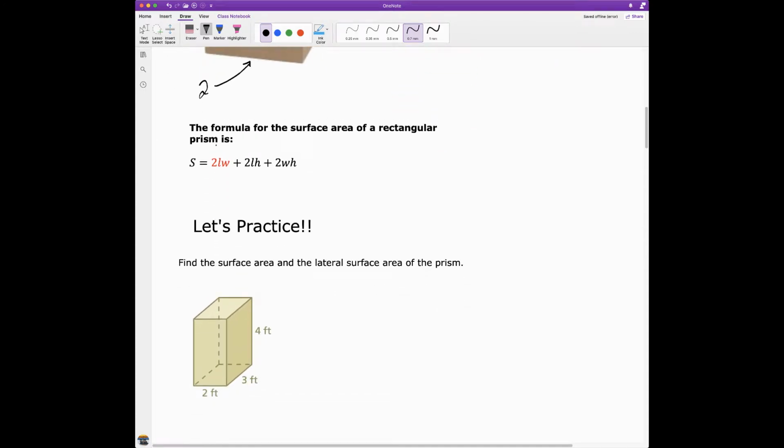The formula for the surface area of a rectangular prism is you take the bases, which are here, you find the area of them, and then you take the lateral faces, find the area of those, and add them together.